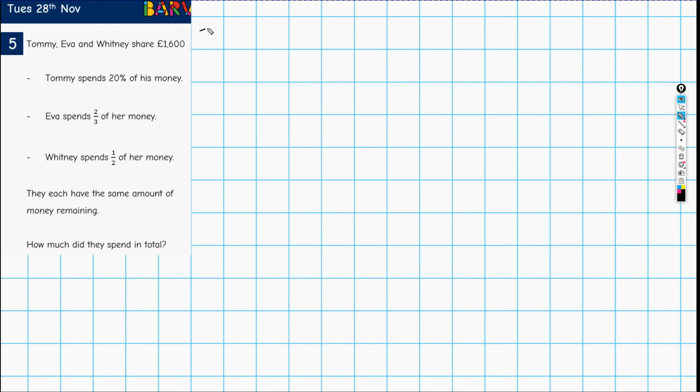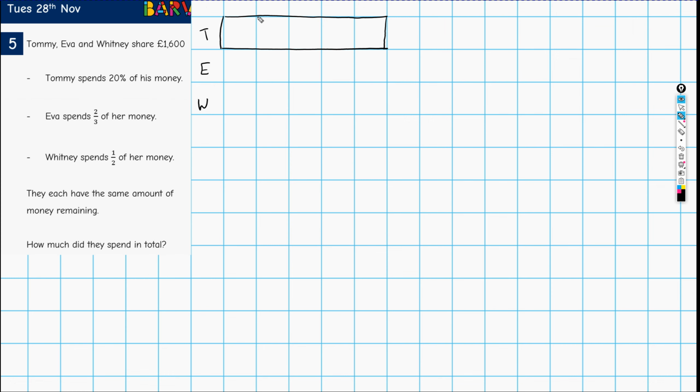So we're going to draw a bar for each of them. We've got Tommy, Eva, and Whitney. Now, we're told that Tommy spends 20% of his money, and I'm going to draw a bar to represent that. Now I could divide this into 10, and then each part would represent 10%.